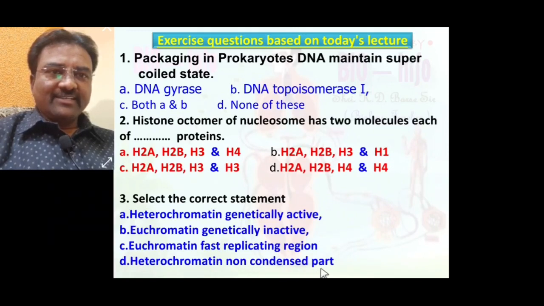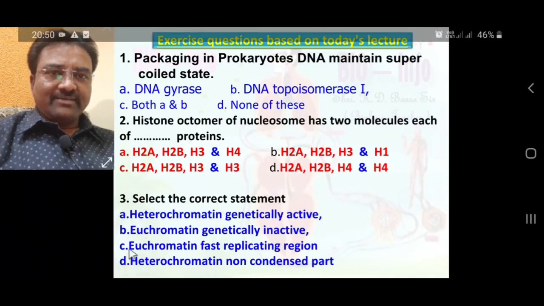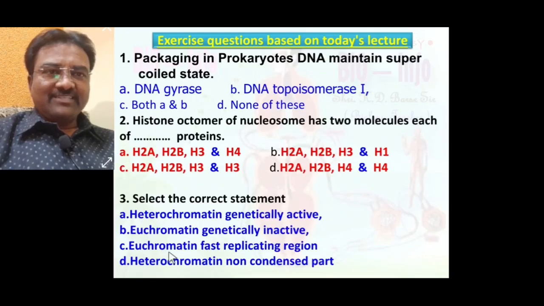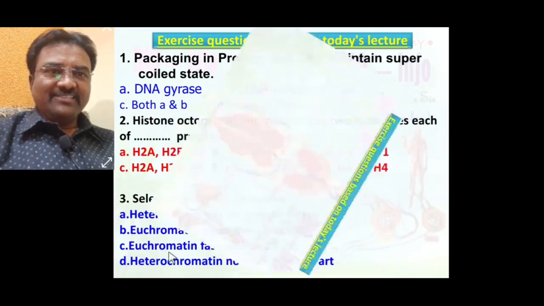Of all these four statements, the correct statement is that euchromatin is a fast replicating region.